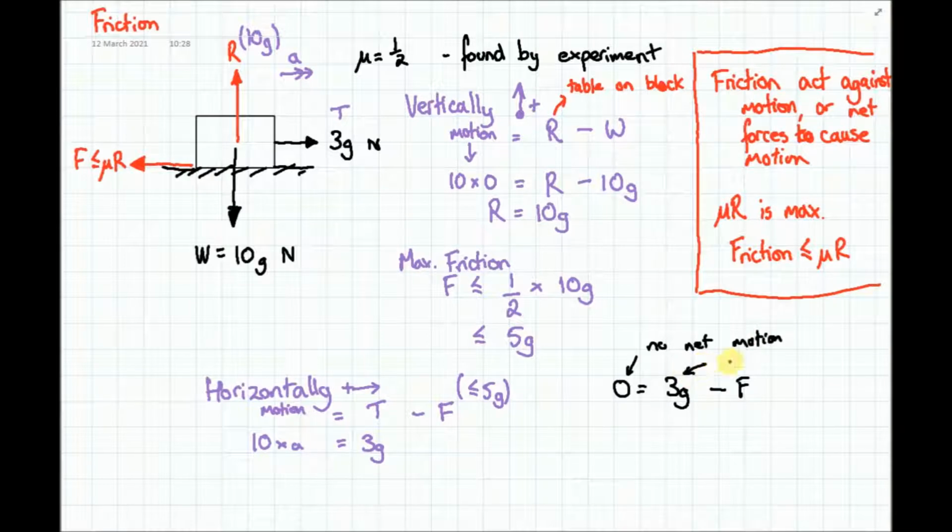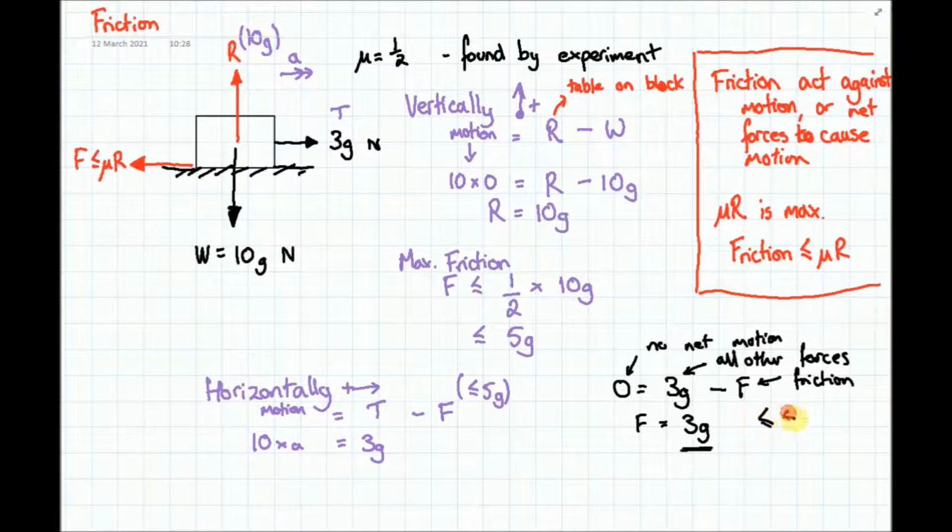This is all other forces and this one is friction. So together we can find out that the friction generated this time is actually 3g, not 5g. If this is bigger than 5g, then the friction would only be 5g.